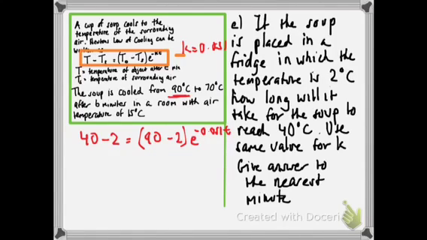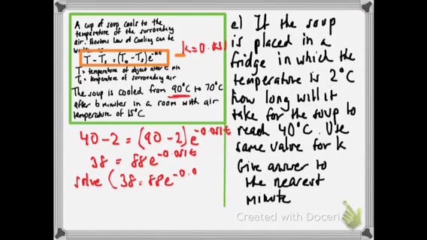So that means 38 equals 88 e to the negative 0.051t. Okay, so solve 38 equals 88 e to the negative 0.051t for t, and you get t equals 27 minutes.